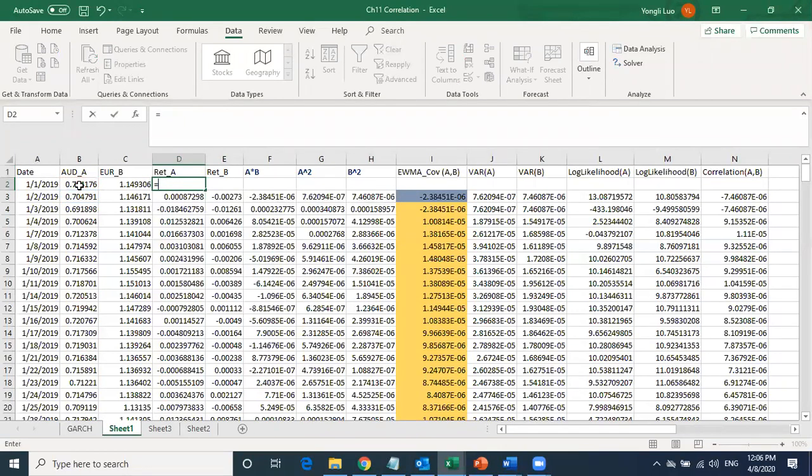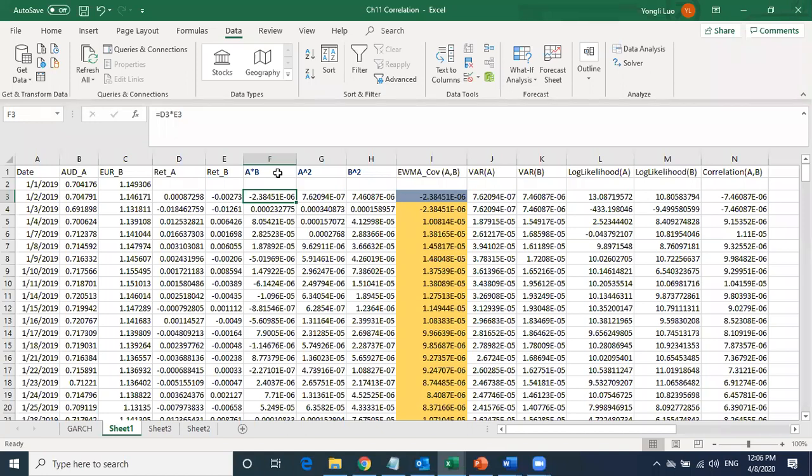So that's how you get the return. Do the return for both series, and then you calculate the product of these two returns. It is going to be D3 times E3. So this is called the covariance of return.